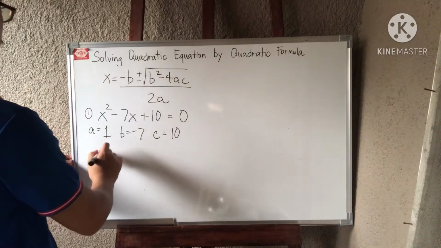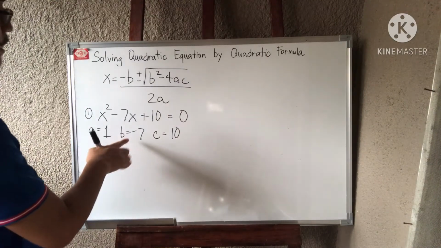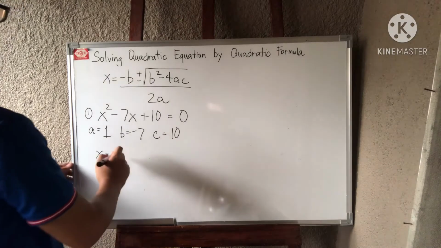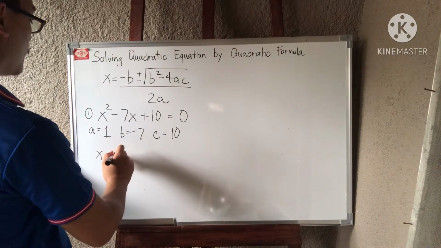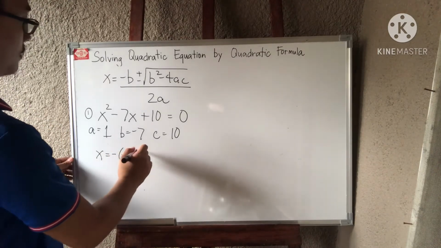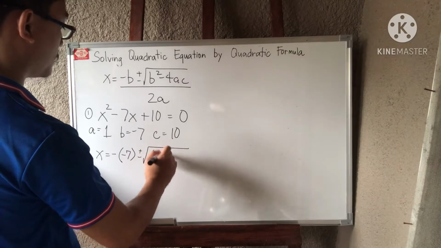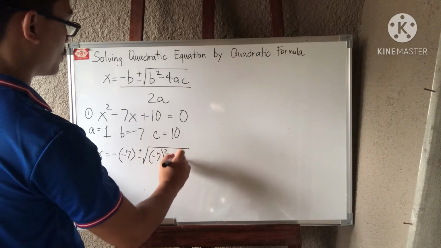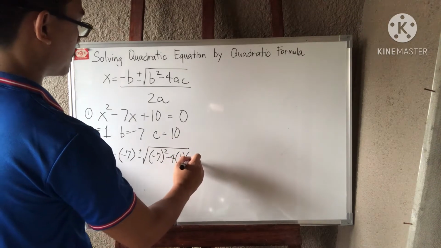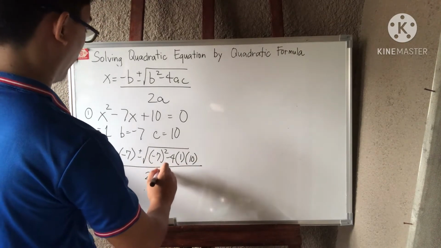So, x equals negative b. So, para ma-emphasize natin, yung value ng b natin sa equation is negative 7. So, lalagyan natin siya ng negative bago may parenthesis. It's negative of negative 7, plus minus square root of negative 7 squared minus 4 times 1 times 10, all over 2 times 1.